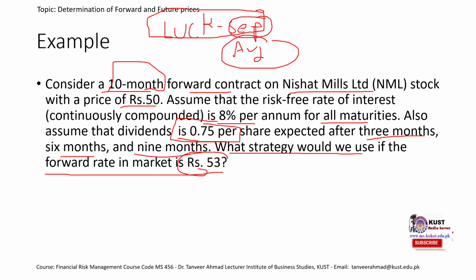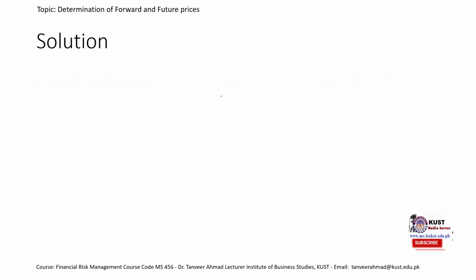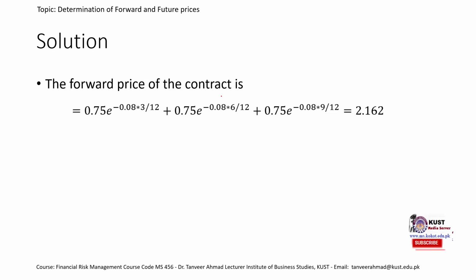So again, the same formula, the forward price of the contract. First we need to find the I. But in the previous example, we only had one income amount. In this case, we are going to receive 3 dividends, whether of similar amount or different amounts, it wouldn't matter.